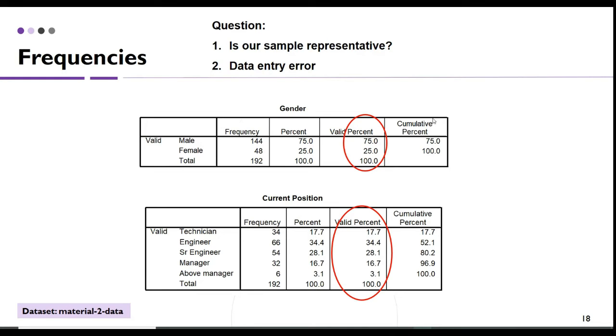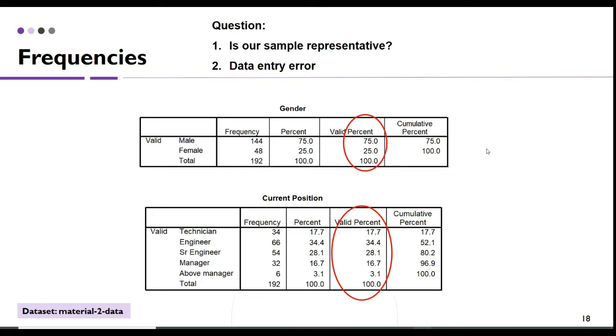In your own study, of course, you need to compare this percentage of male and female respondents with the whole population. Maybe the population breakdown is also 75%, 25%.